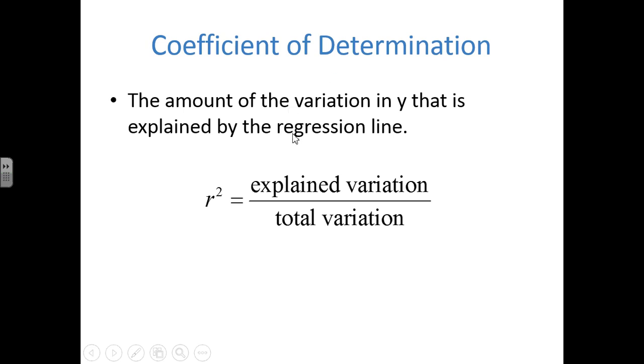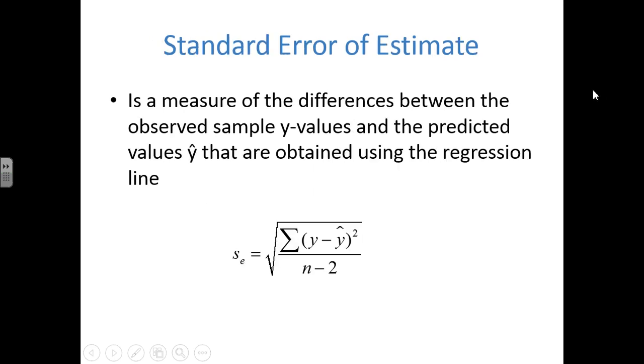The coefficient of determination is also given by Minitab, the R squared, we talked about this a minute ago. It's the amount of variation in y that is explained by the regression line. It's equal to the explained variation divided by the total variation. And so you don't necessarily need to use this formula because Minitab will tell you what R squared is. The standard error of the estimate, S sub E, is equal to this formula here, but Minitab also gives it to you.